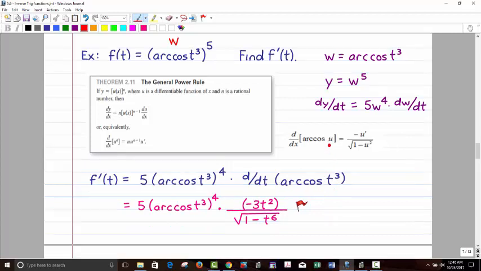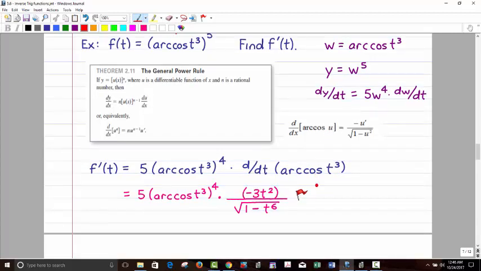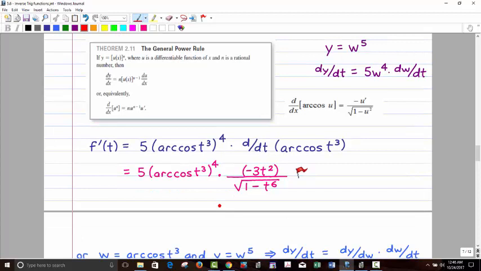Now we'll use this arc cosine formula to take the derivative of what's in there, which is t cubed. So it's negative u prime, negative the derivative of t cubed, so it's negative 3t squared. I didn't write it out here, but the t to the 6 comes from t cubed squared, which would be t to the 6. So that looks perfectly good right there.